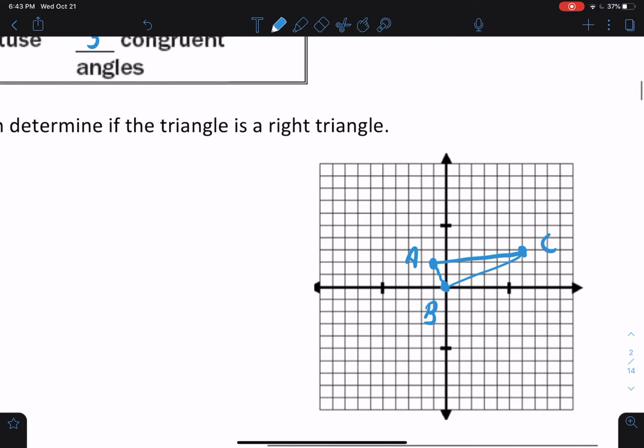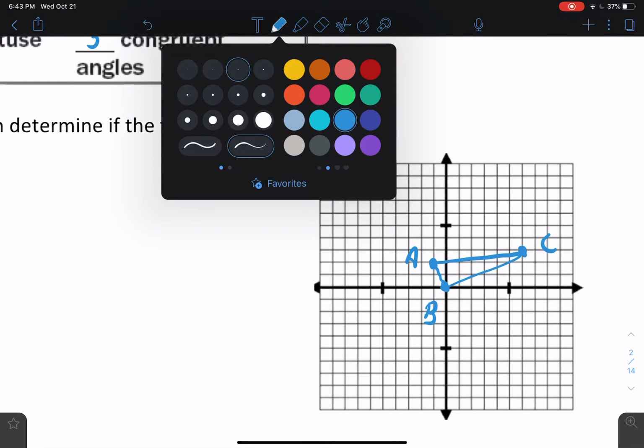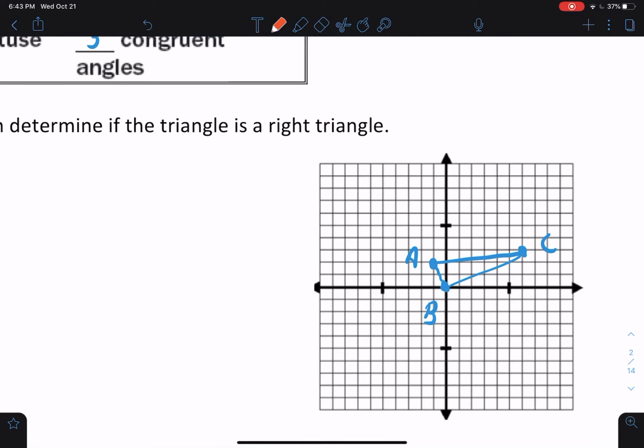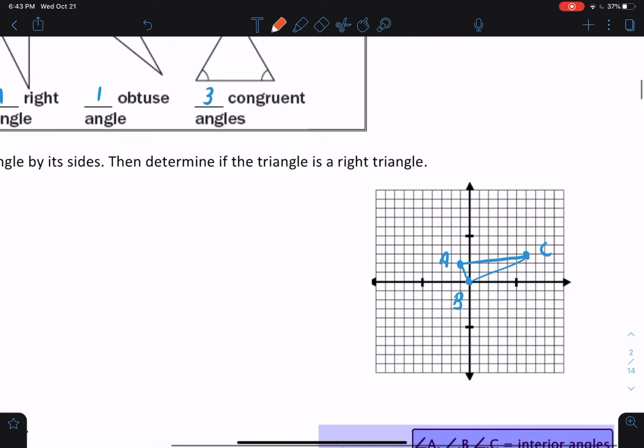We need to classify this by its sides, which means I need to know my side lengths. I'm going to do that using the distance formula or the Pythagorean theorem. For AB, if I draw a right triangle to find its length, my vertical change is 2 and my horizontal change is 1.